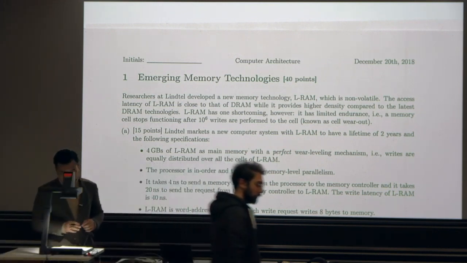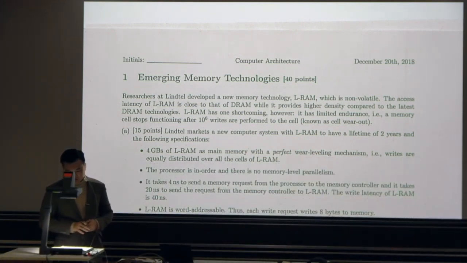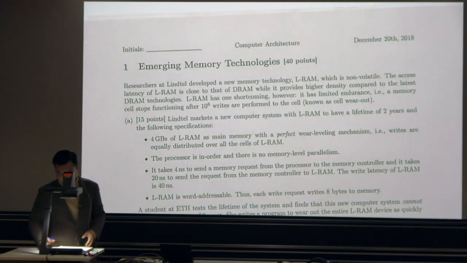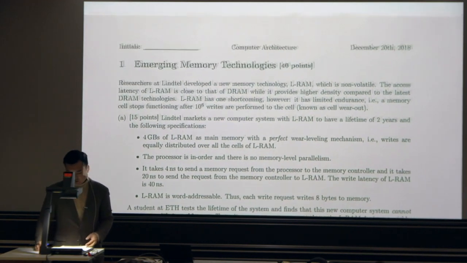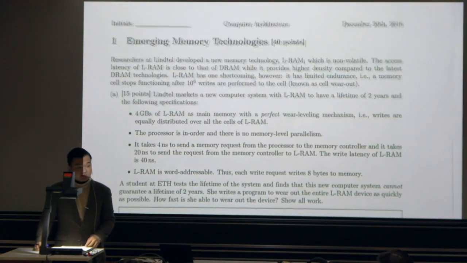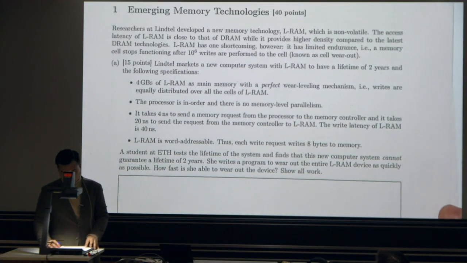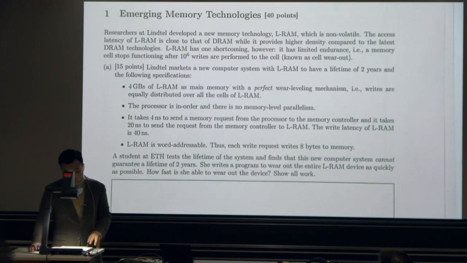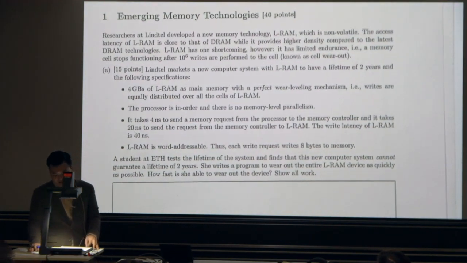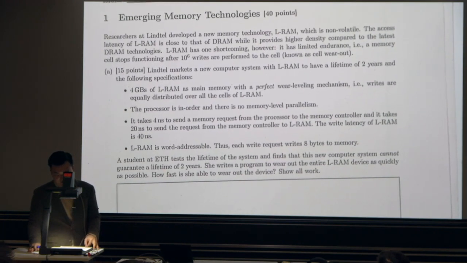Okay, we are going to solve a question on emerging memory technology, which was the first question of the last final exam. Now let's first read the problem. Researchers at Lindchild developed a new memory technology called LM, which is non-volatile.